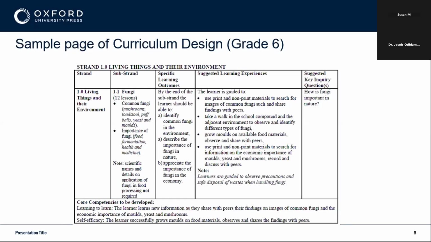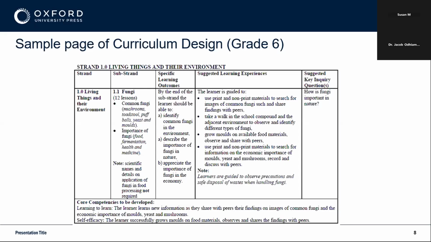Or if you are teaching it in 15 lessons, then it would mean maybe you are giving too much. So there's a guide there under that column of substrand, even the content areas to cover. And this content area is very important because it will help the teacher in coming up with the lessons.